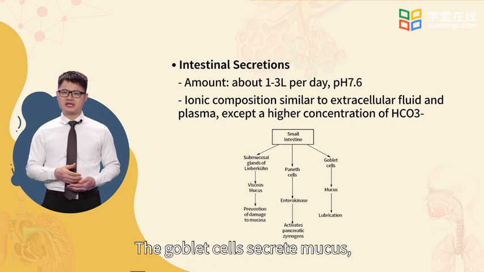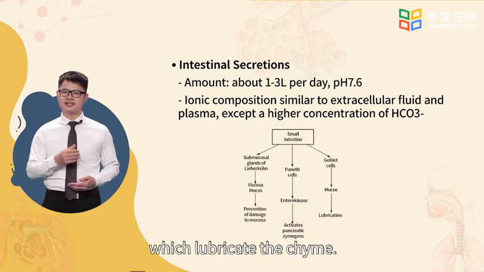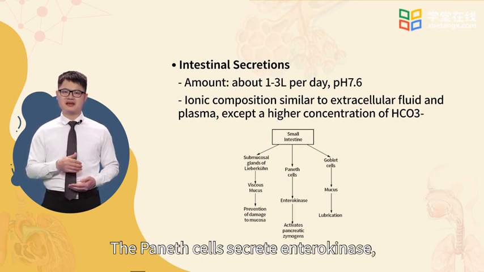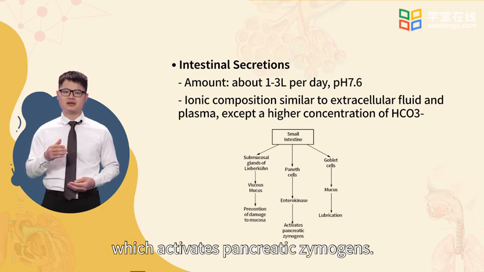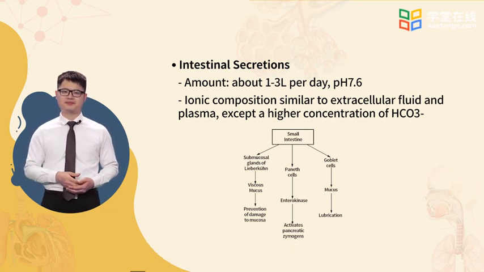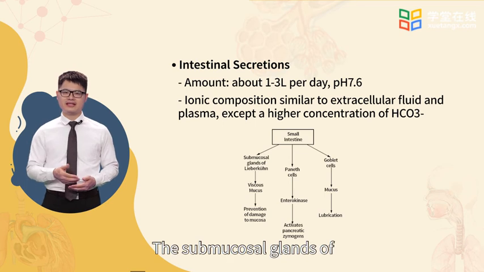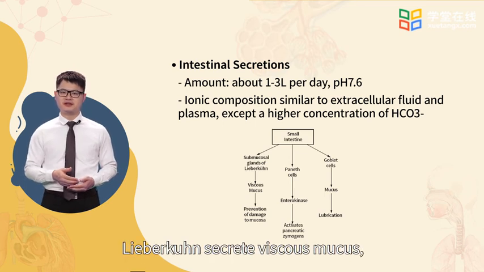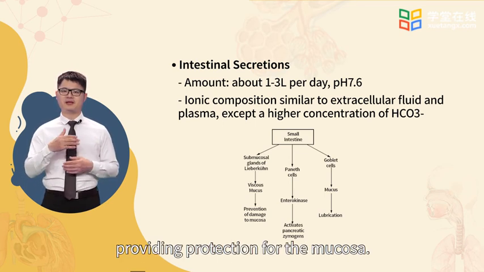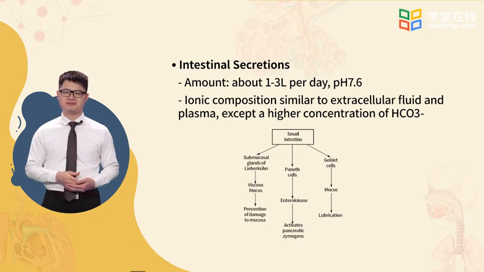The goblet cells secrete mucus, which lubricates the chyme. The enterocytes secrete enterokinase, which activates pancreatic zymogens. The submucosal glands of Brunner secrete viscous mucus, providing protection for the mucosa.